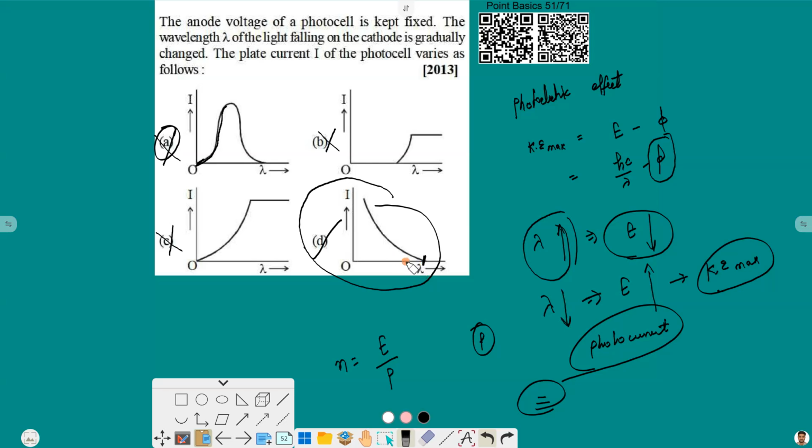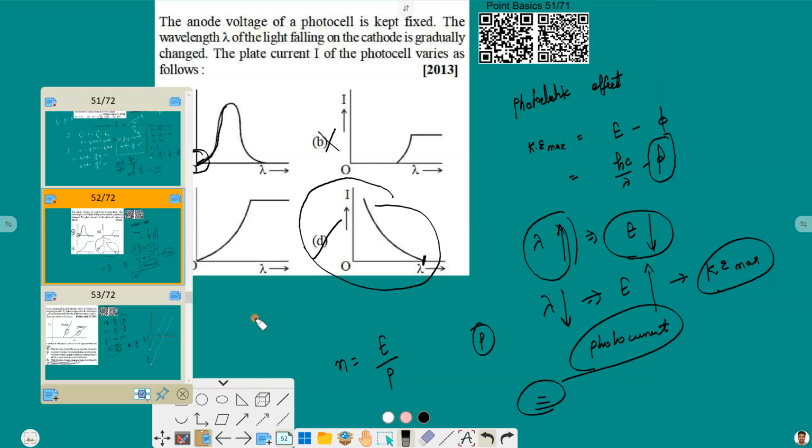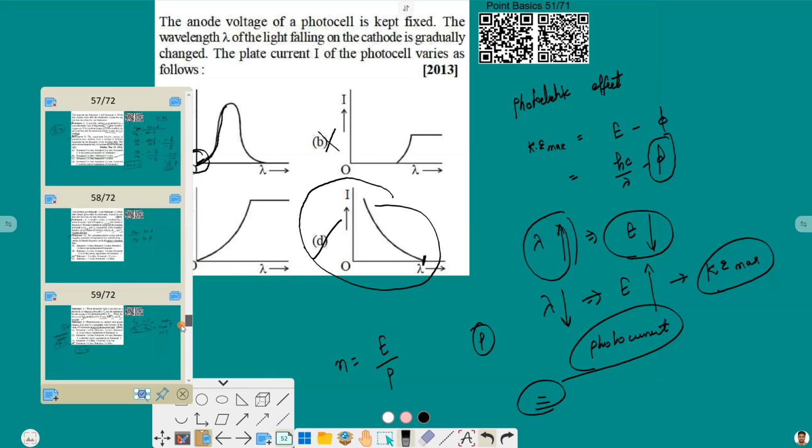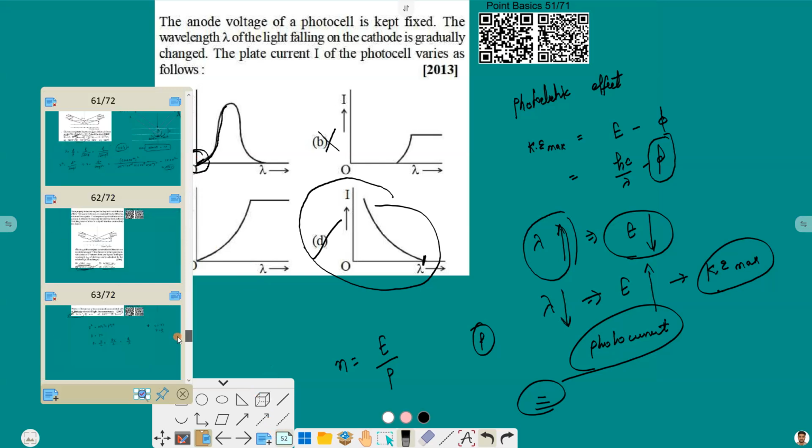So if lambda is increasing, current should become zero, and if lambda is decreasing, current will not become zero, as in the case of option A. So only option D was viable, and in this scenario also a similar type of graph will be a viable answer.